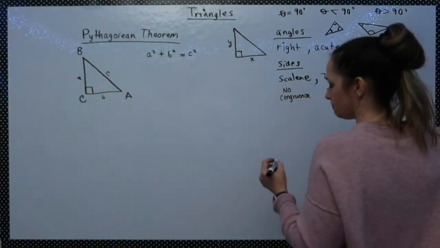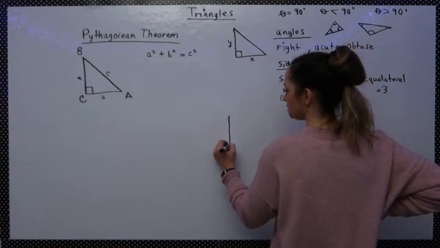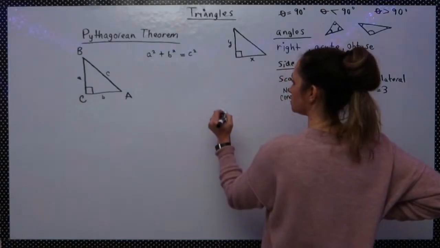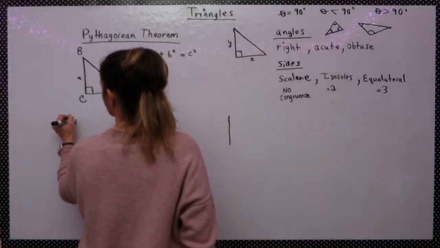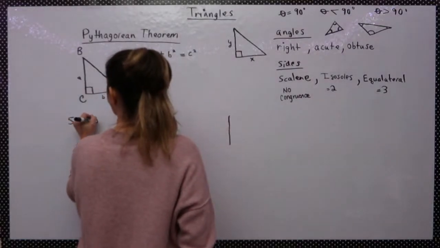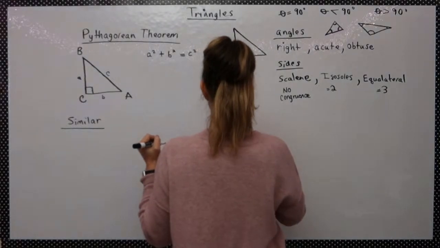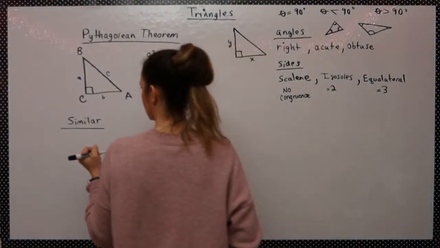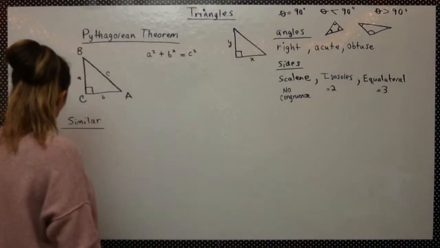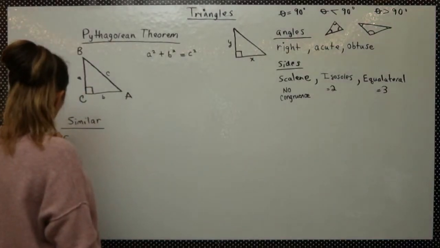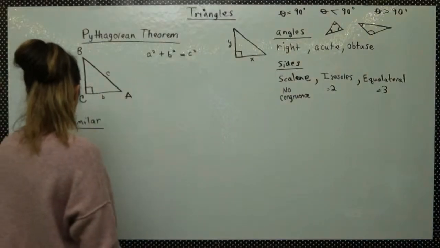And triangles are said to be similar. So we'll talk about similar triangles. There's 3 ways to show similarity. I believe there might be more, but there's at least 3. You have all three sides known.